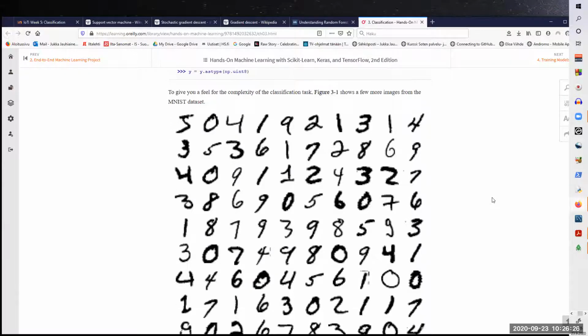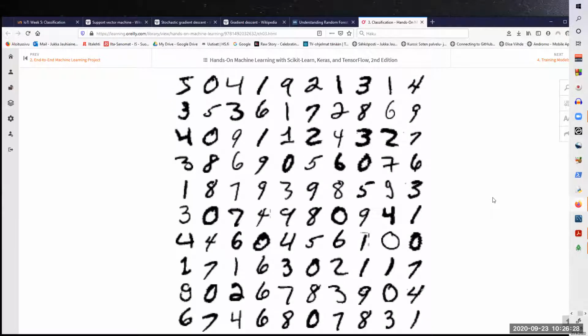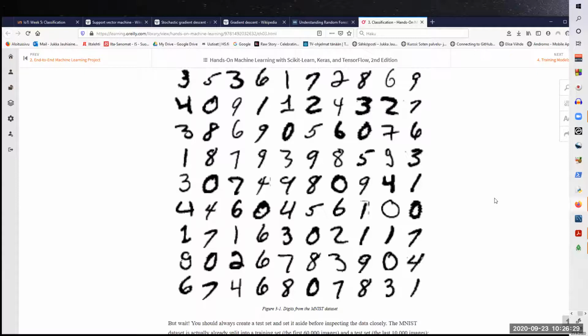And here are some of the images inside this MNIST dataset. Remember, there are 70,000 of those, so this is just a small part. But the idea is that we use the classification algorithm to classify the numbers from 0 to 9 and analyze how well these different algorithms work.